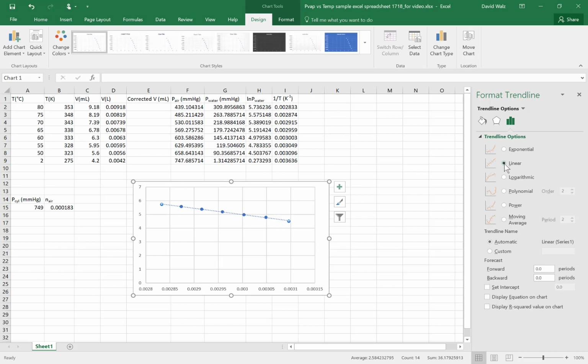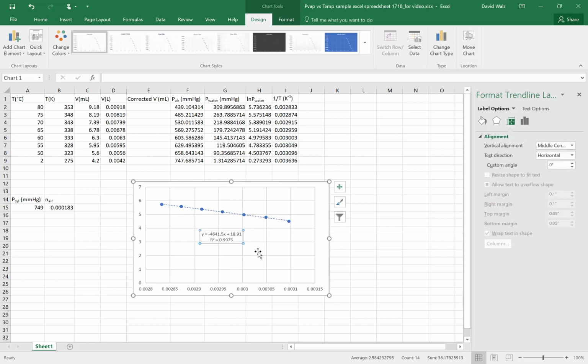And then I'm going to put display equation on chart. And this might also be very useful for error analysis, to display the r² value, because the r² value can tell you just how linear your line is. So it might help with some error analysis. So we have a really good line with this data actually. So here's what I want.